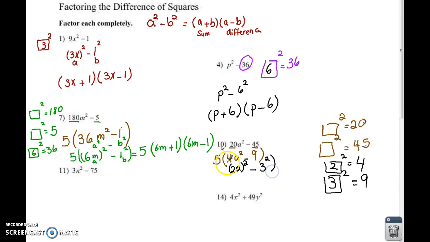Again, do not forget about your 5. Good, I got my a's and I got my b's. So I still got my 5 times 2a plus 3 times 2a minus 3.